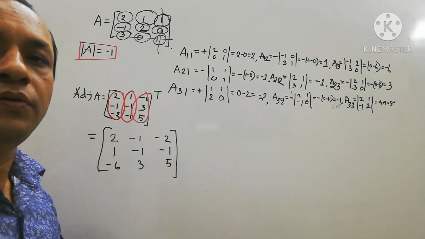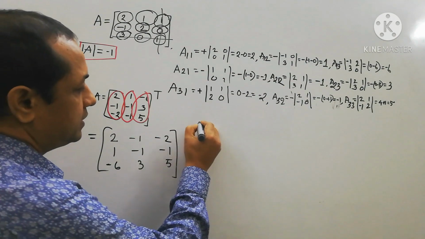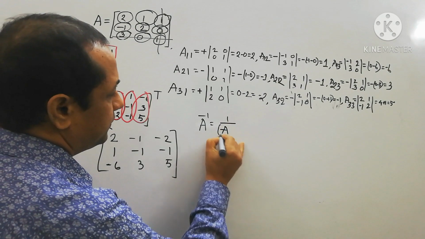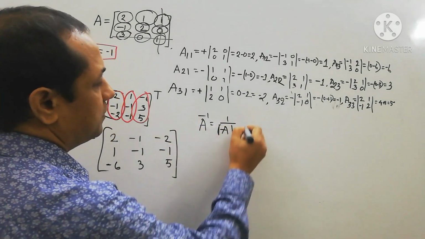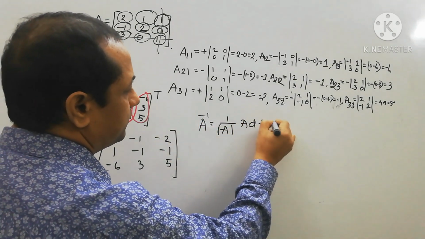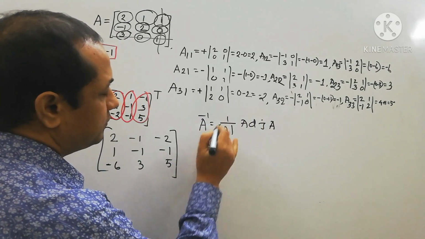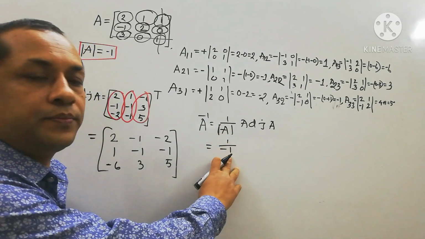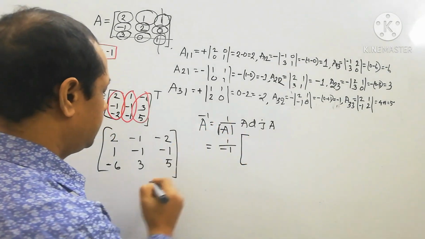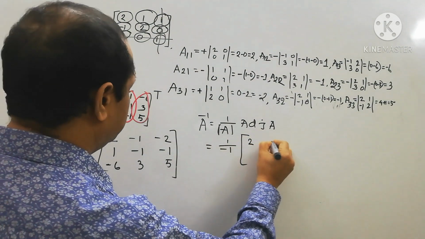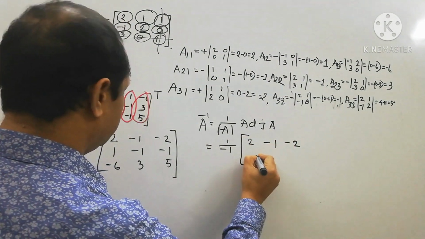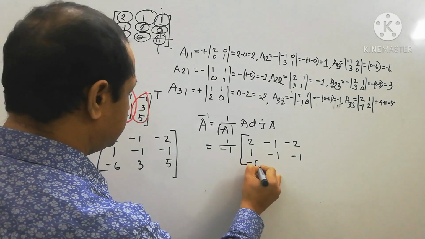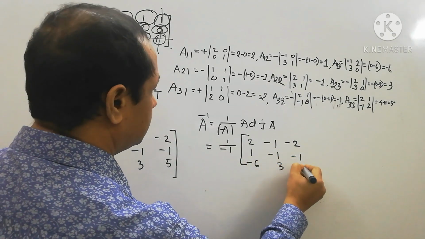By the definition of the inverse matrix, we know that A inverse equals 1 by determinant of A, times adjoint of A. Now putting in the values: determinant of A is minus 1 and the adjoint matrix is 2, minus 1, minus 2, 1, minus 1, minus 1, minus 6, 3 and 5.